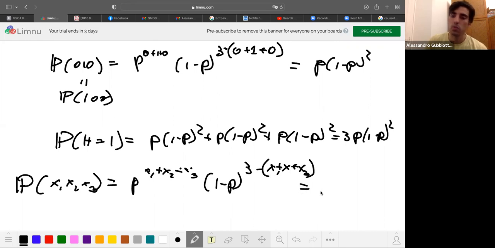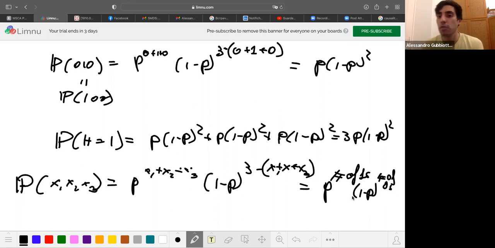And this is equal to p to the number of ones times 1 minus p to the number of zeros. So you see, you have to multiply p the number of successes and 1 minus p the number of failures.